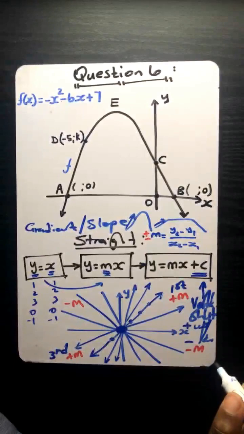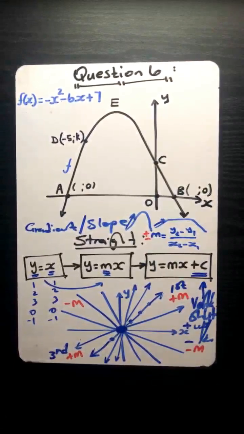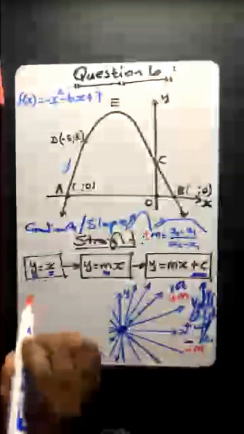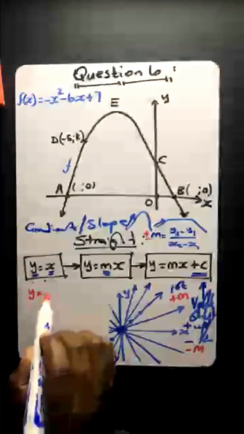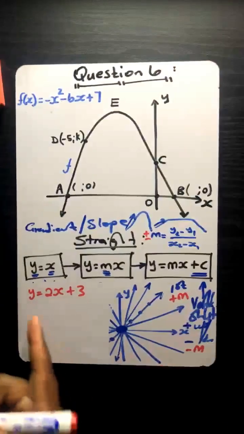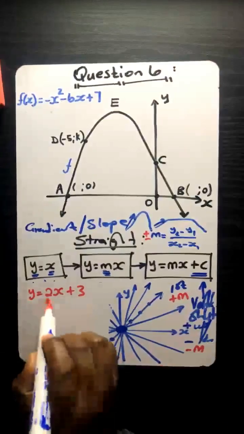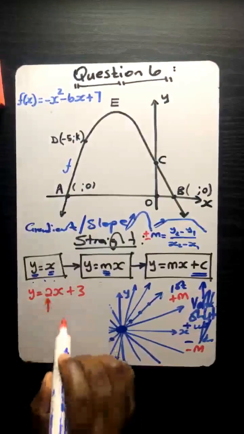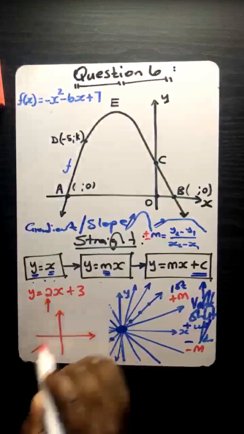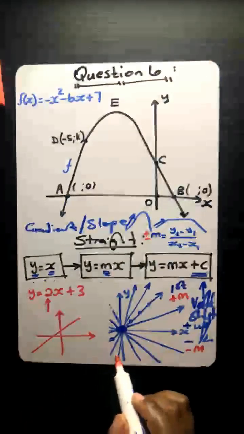For example, let me create myself a space there and say you've got an equation being y is equal to, let's say, positive 2x, let's say, plus 3. When you look at this, firstly, you notice a positive gradient, which means on a Cartesian plane, it's a line that ends in the first and third quadrant.